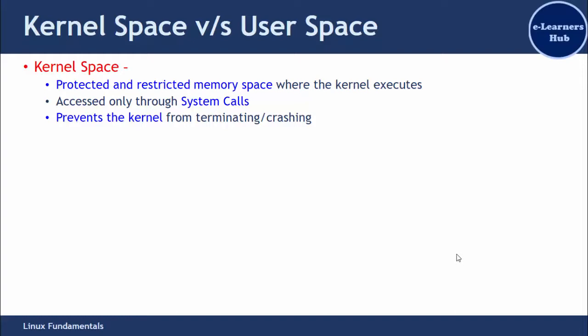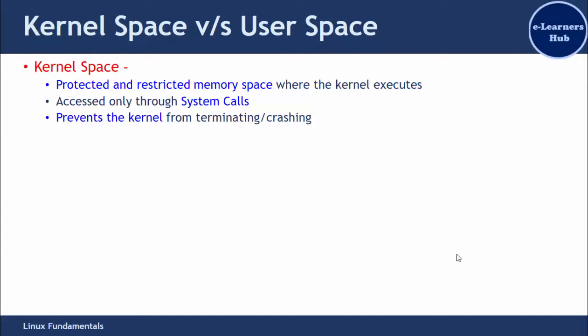Microsoft Word would trigger a system call to the kernel saying that it wants to access some location on the hard disk, and the kernel would provide the access to the hard disk to the application. This is where the system calls play a very important role.